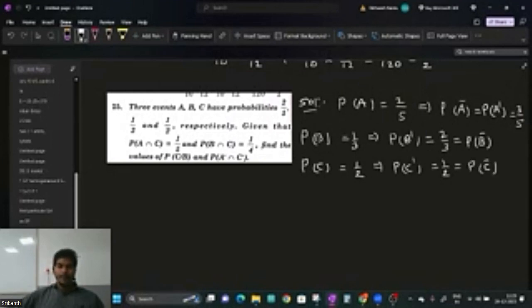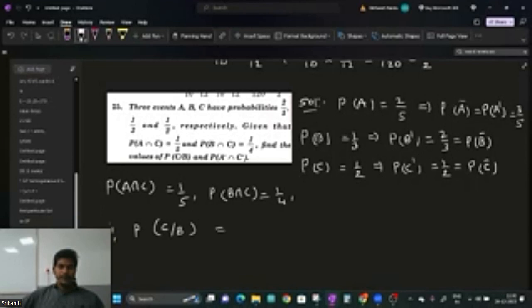Okay. Given that P of A intersection C is equal to 1 by 5, P of B intersection C is 1 by 4. Then find the value of P of C by B. C by B is equal to how much?